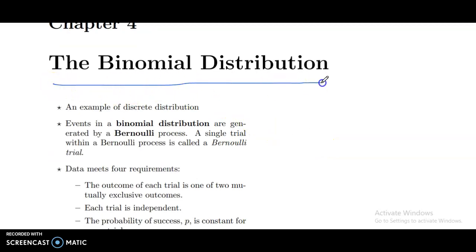The binomial distribution is an example of a discrete distribution. Events in a binomial distribution are generated by a Bernoulli process.